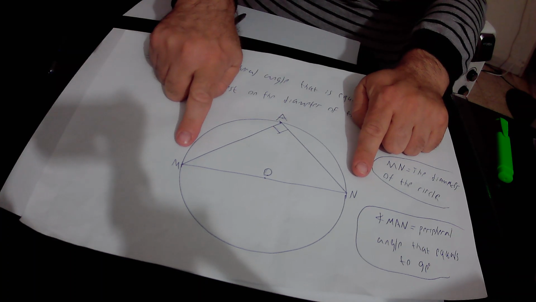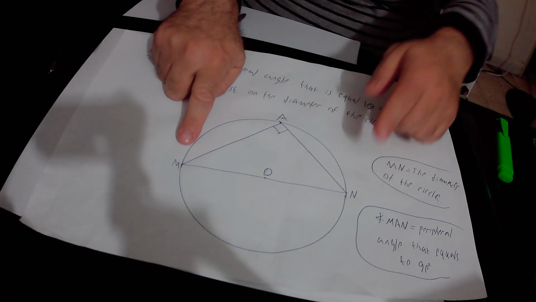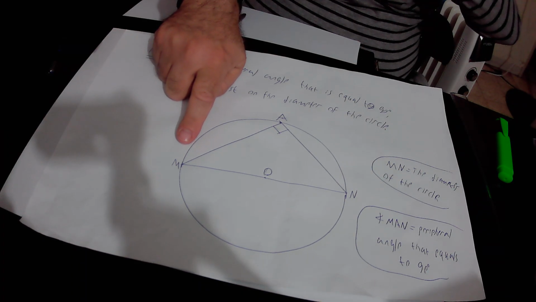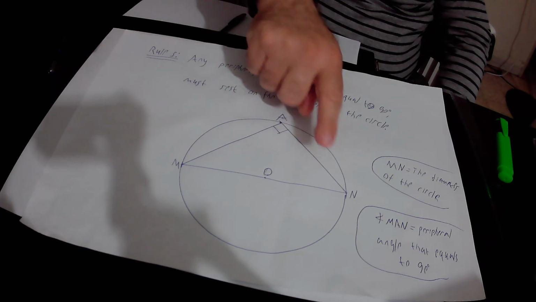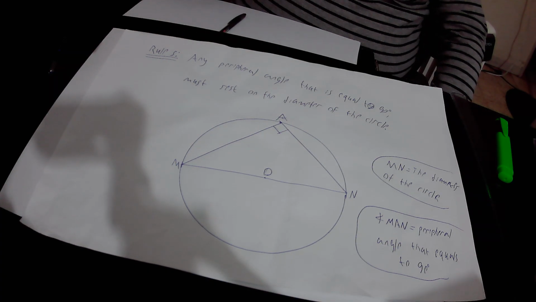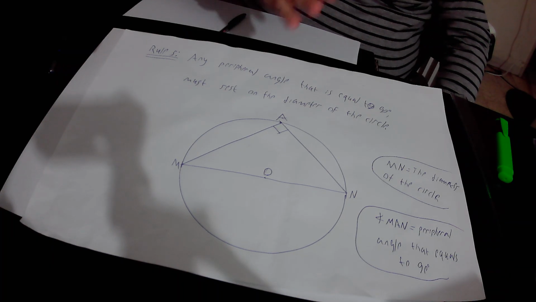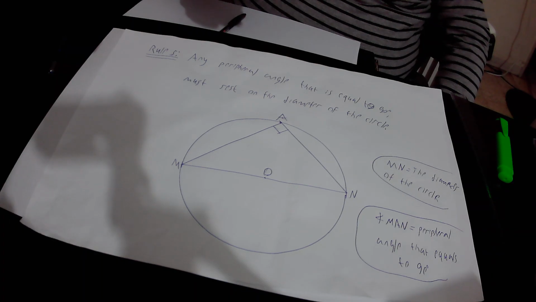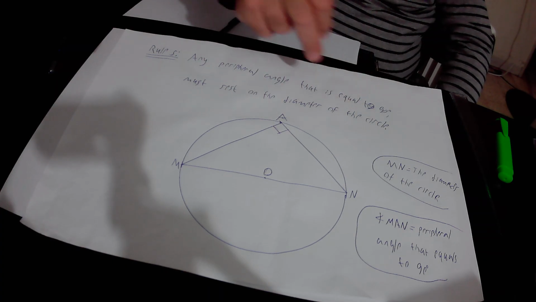And you know that any chord that passes through the center of the circle must be the diameter of the circle. Therefore, chord MN is the diameter of the circle. So in conclusion, according to rule number 5, any peripheral angle that is equal to 90 degrees rests on the diameter of the circle. Okay, in this case, MN is the diameter of the circle.